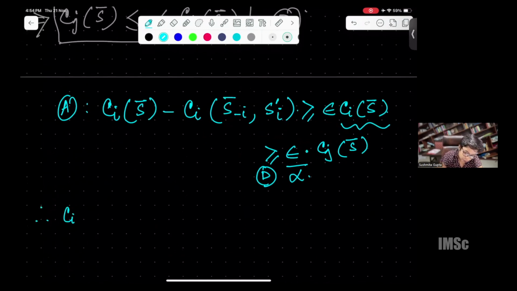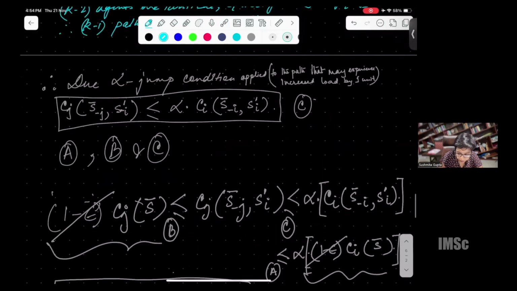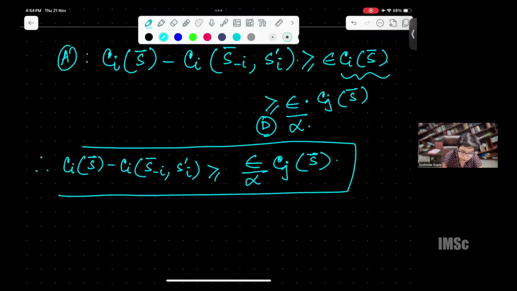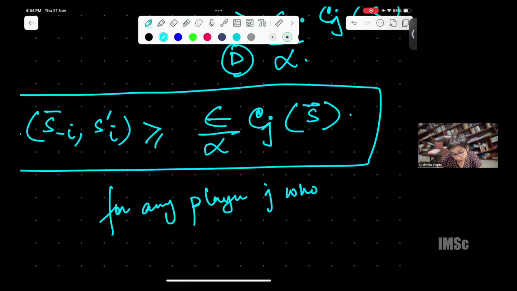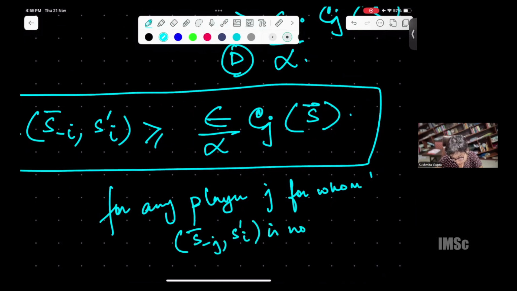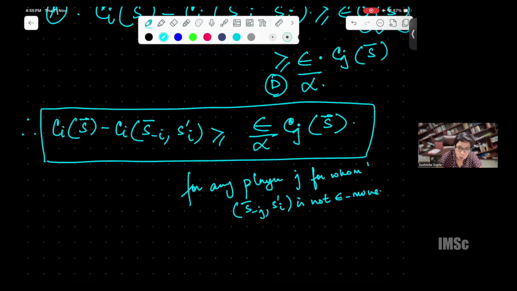Therefore, this is the quantity that we had to bound according to the statement of S, where J is not an epsilon move. Correct? Agreed? Yes, ma'am.